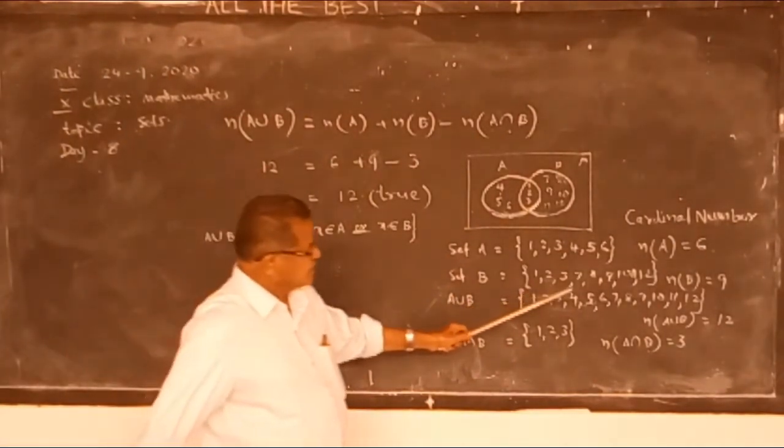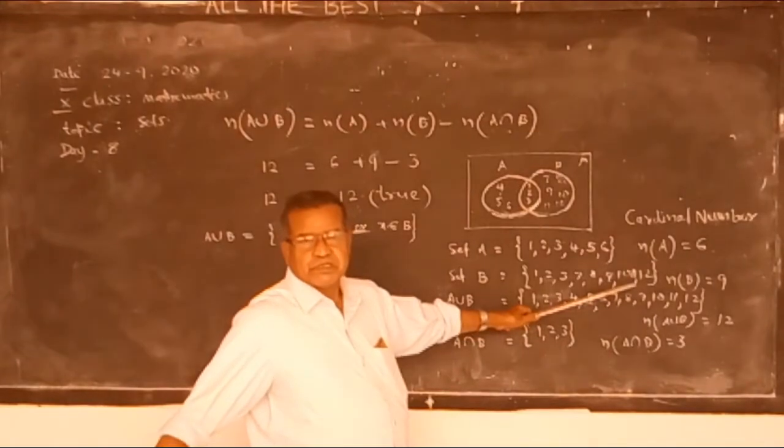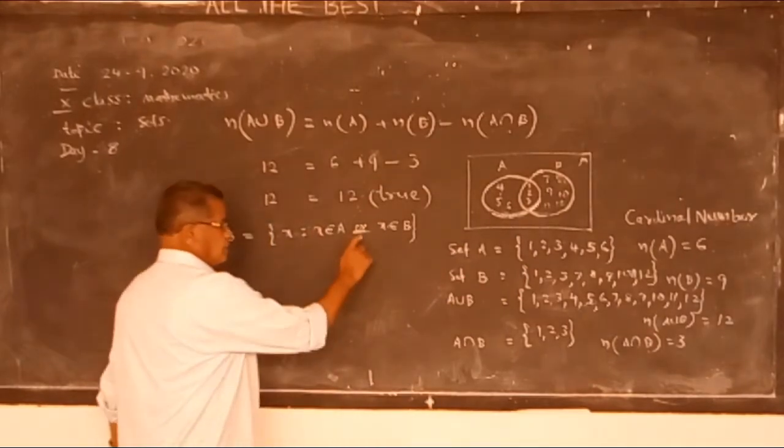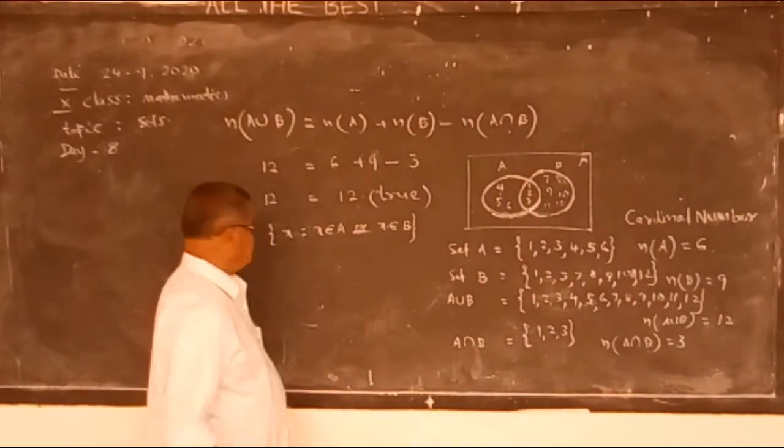To take any one element, it should lie in either A or B. So the word we are using is OR.